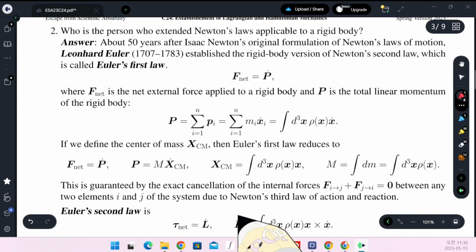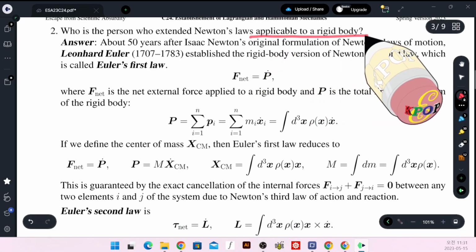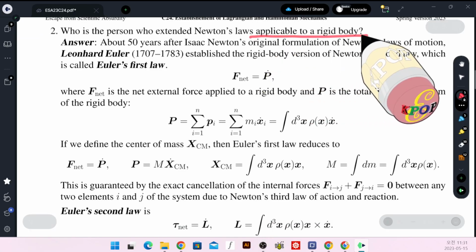Okay, who is the person who extended Newton's laws to be applicable to a rigid body? Many of us have misunderstood that Newton found everything, including the rigid body motion.